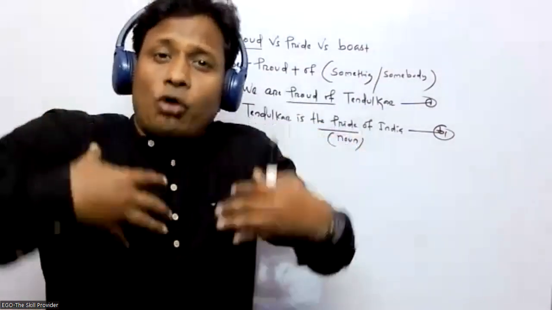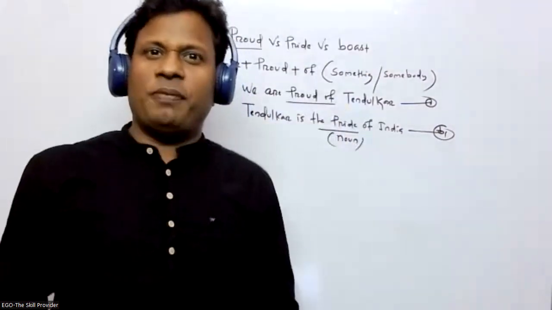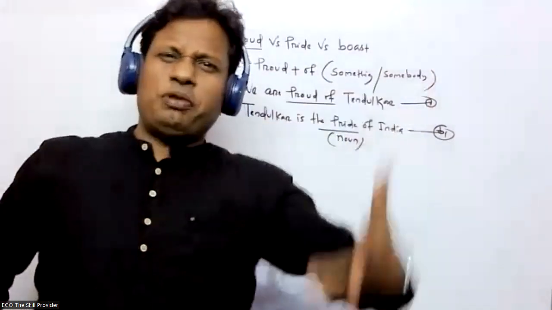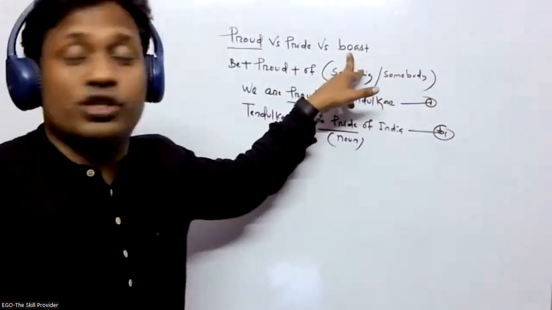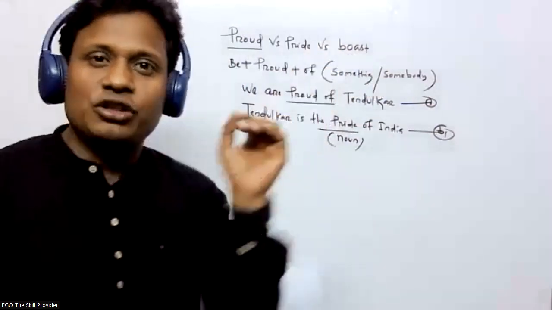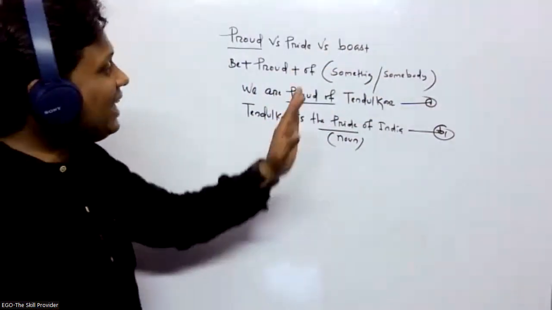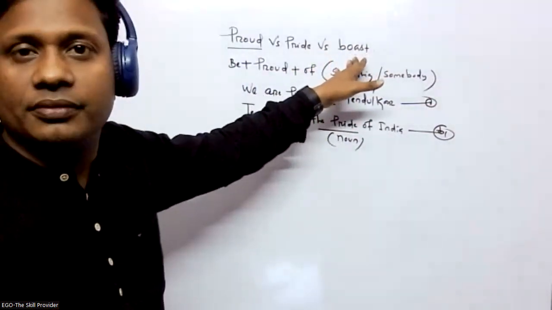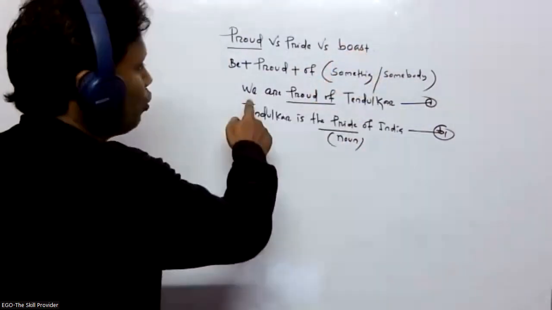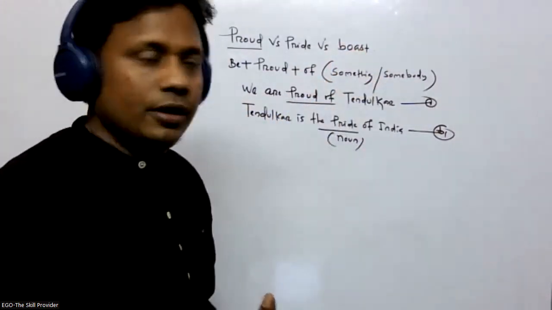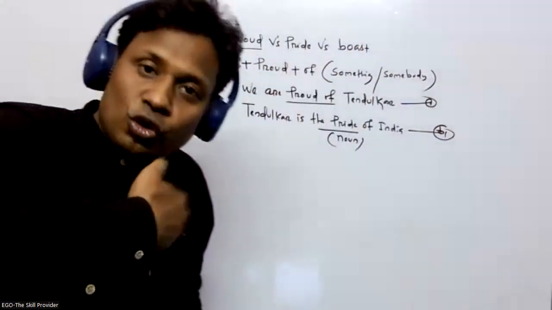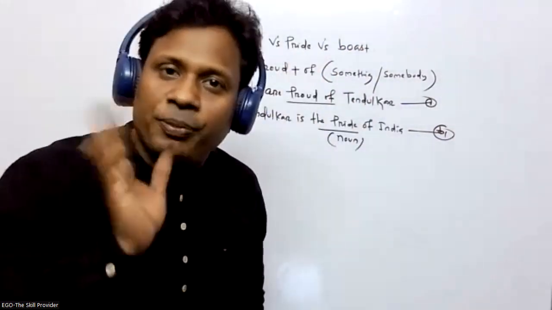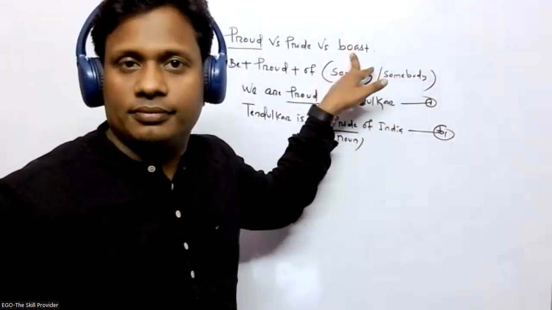But when I am proud of myself, about my ability, I can speak English, that is called boast. So boast is an entirely different concept. We are proud of something or somebody, but whenever it becomes pride in yourself, that is not proud, that is called boast.